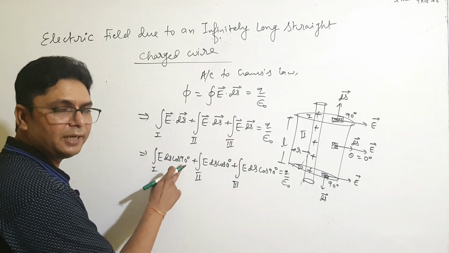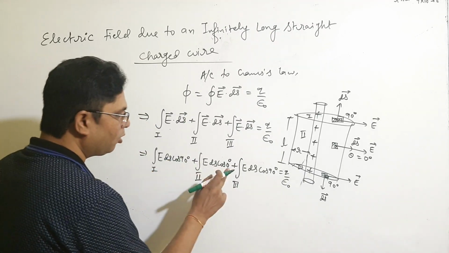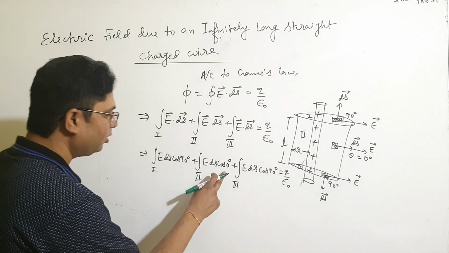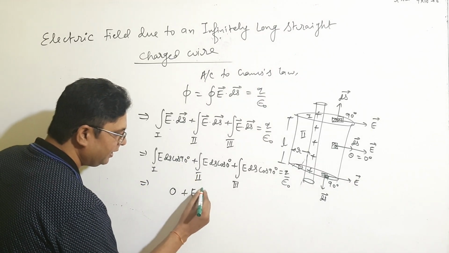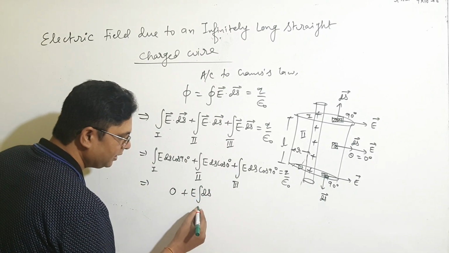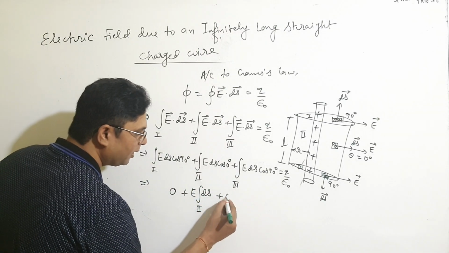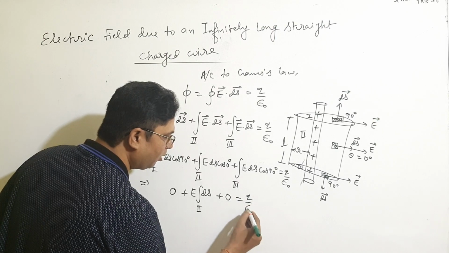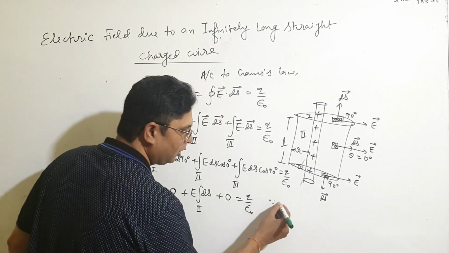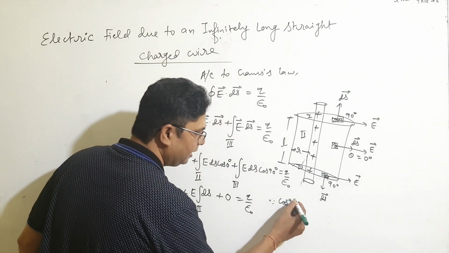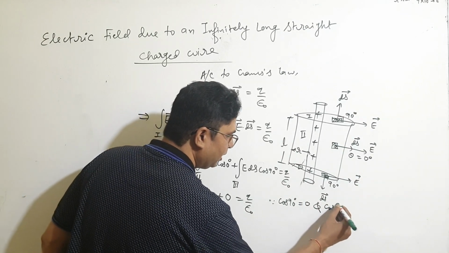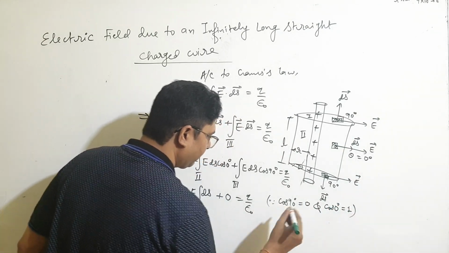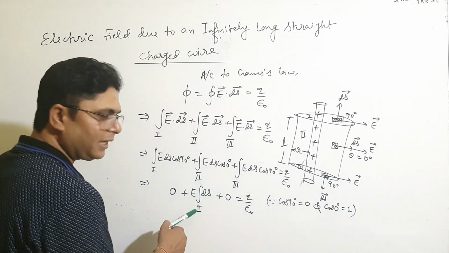Cos 90 is 0. Cos 0 is 1. So you have 0 plus E integration ds surface 2 plus 0 is equal to Q upon epsilon naught, because you know cos 90 degree is equal to 0 and cos 0 degree is equal to 1.